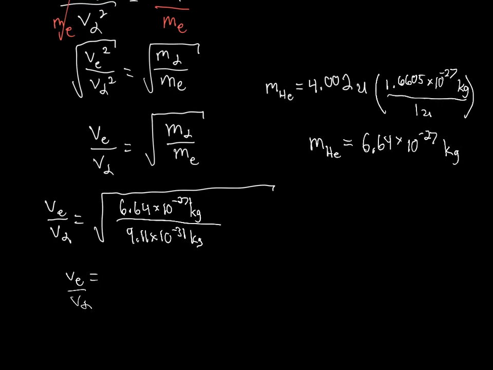You should get that the velocity ratio is about 85.4 to 1. Are there questions on this? Any questions?